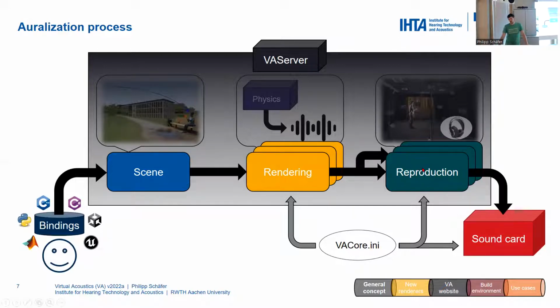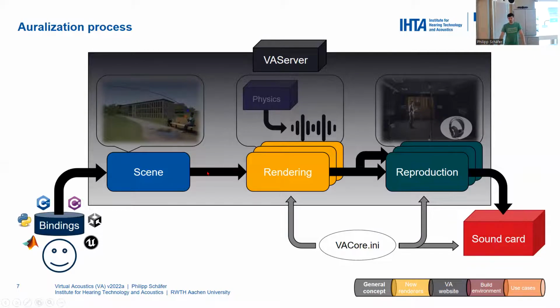And also for reproduction, we need different modules depending on whether we want to use headphones or loudspeakers, for example. And it's also possible to link one rendering module to multiple reproduction grids. So I can reproduce sound at the same time via headphones and loudspeakers, for example.